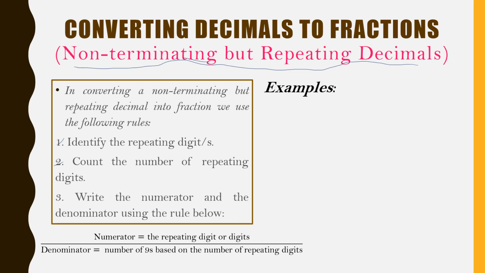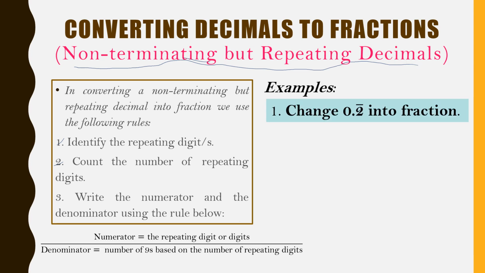To have a clearer view of that, we have an example. Example number 1, we are going to change 0.2 repeating into a fraction. So 2 here has a bar on top of it. It means that 2 is our repeating decimal. Step 1, we identify the repeating digit, and there is only one here, and that is 2. Step 2, count the number of repeating digits, and that is only 1.